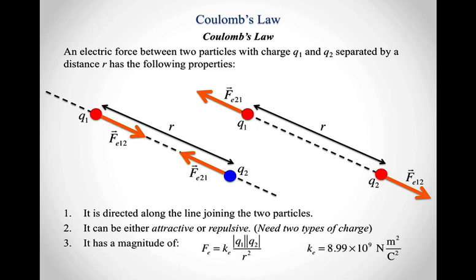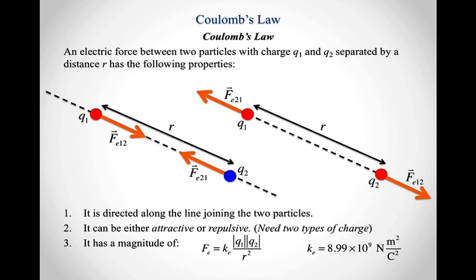Three, the magnitude of the electric force is given by Ke times the product of the two charges, and again, because they can be positive or negative, we're just going to go ahead and put both those in absolute values to make sure that we end up with a positive quantity when we multiply them together. And then that's divided by the distance between the particles squared.